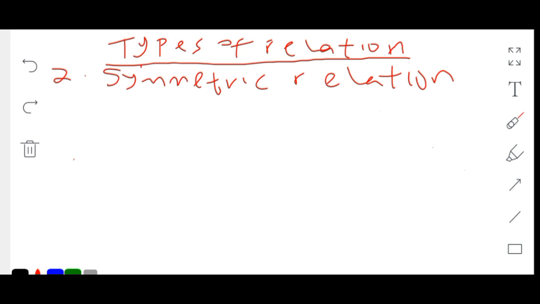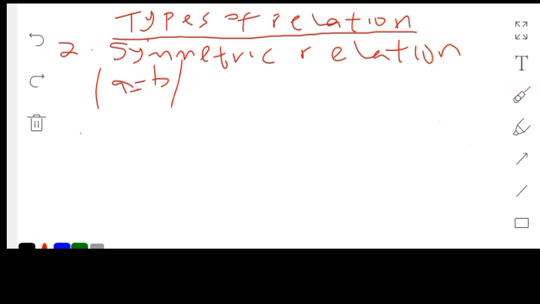Symmetric relation. In a symmetric relation, if a equals b is true, then b equals a is also true.